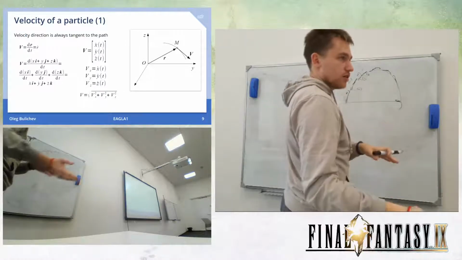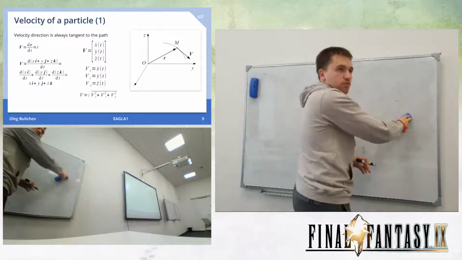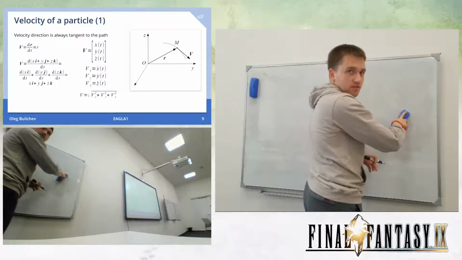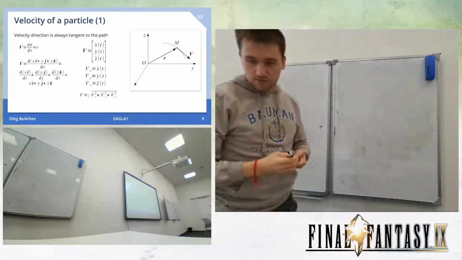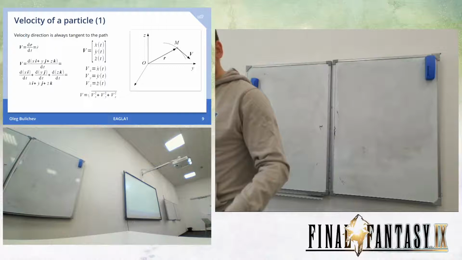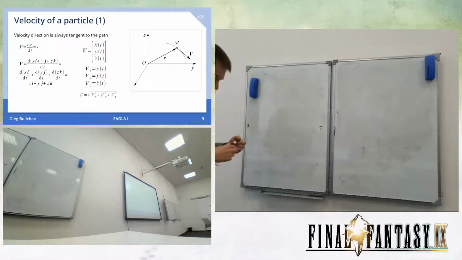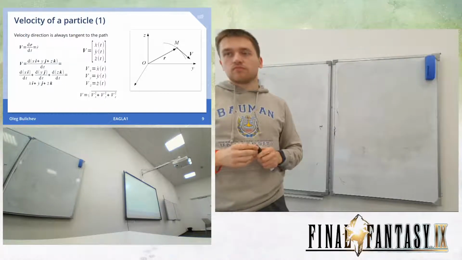Cosine, sine, cosine, sine. But velocity, do you know the difference between velocity and speed? Velocity is a term related to physics, but speed is just a number that describes something, and velocity is speed when you move.